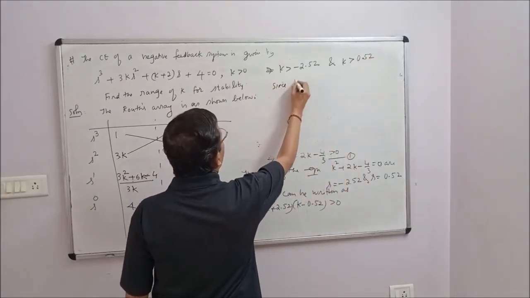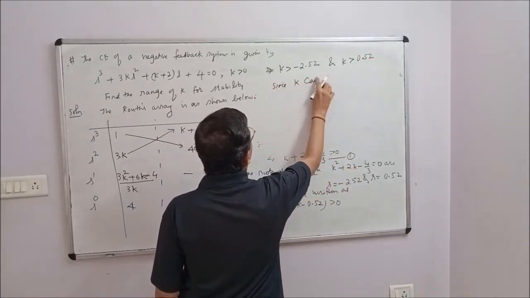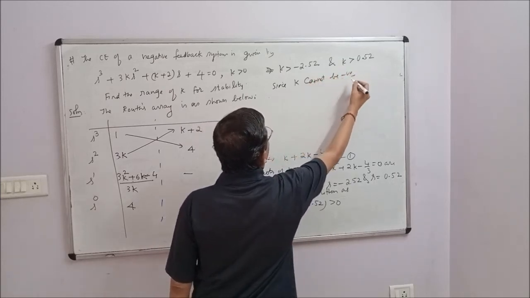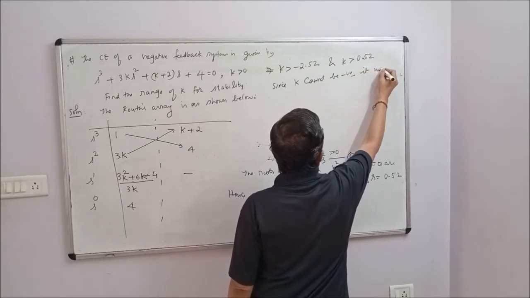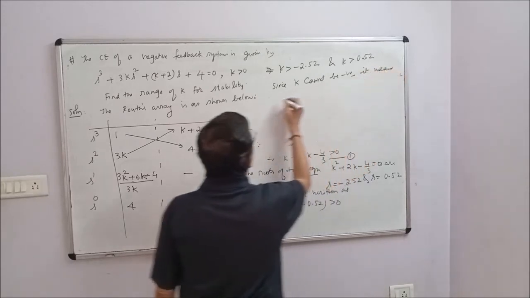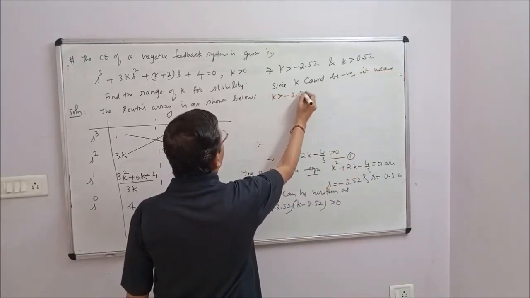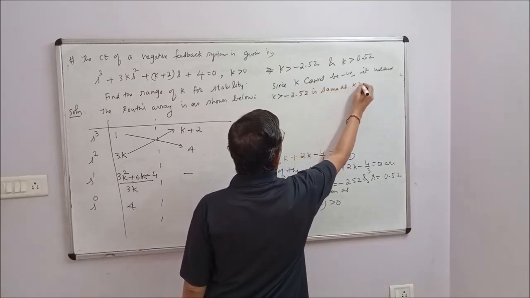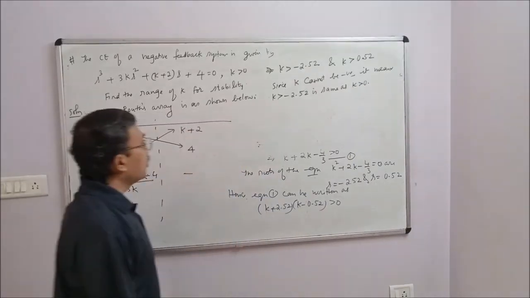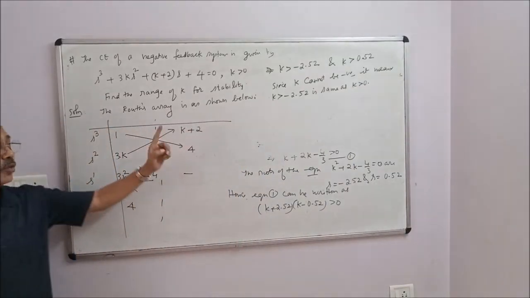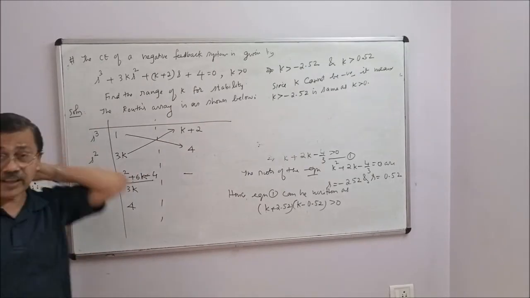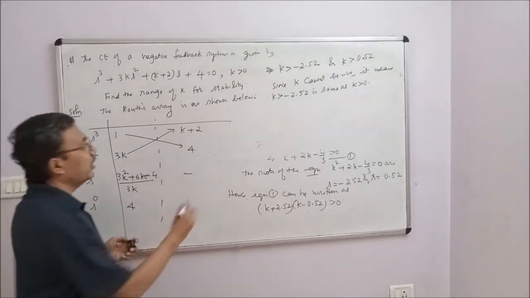Since k cannot be negative, it means k greater than minus 2.52 is same as k greater than 0. Since k cannot be greater than 0, it means k greater than minus 2.52 is same as k greater than 0.